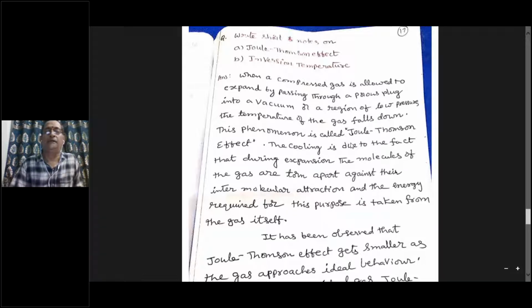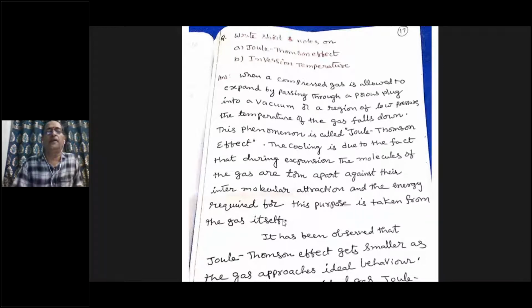The cooling effect is due to the fact that during expansion, the molecules of the gas are torn apart against their intermolecular attraction, and some energy is required for this purpose and is taken from the gas itself. Now a question arises: why is the energy required for the expansion taken from the gas itself?